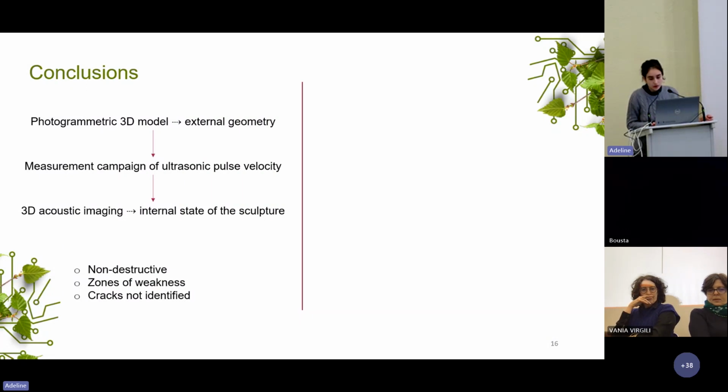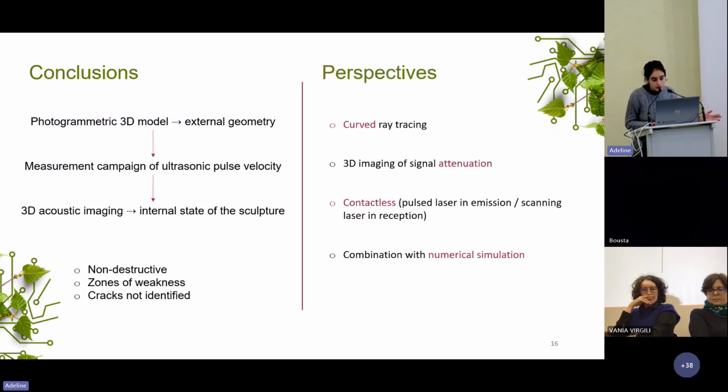Perspectives of this work are to consider curved ray tracing when we reconstruct velocity, instead of the straight rays that we use here, and to also do the same kind of imaging with signal attenuation, which could bring other information about the state of the object.